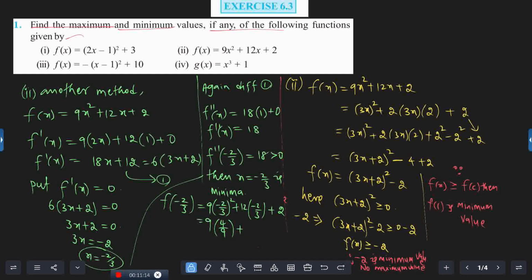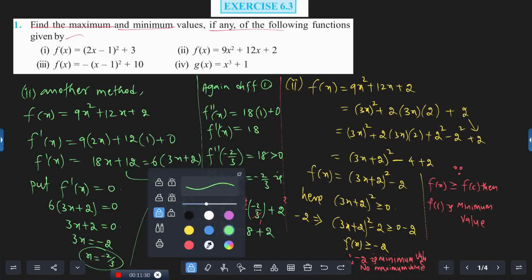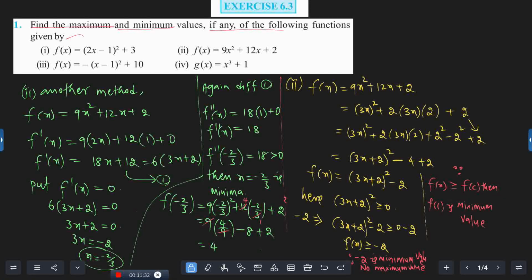The 12 you can cancel. 3 fours are 12. Now 4 into minus 2, I'm getting minus 8. Minus 8 plus 2. And after the square, denominator 9 and numerator 9 you can cancel. So what am I getting? 4 minus 8 plus 2, which is equal to minus 2.